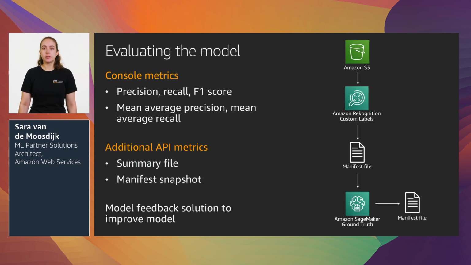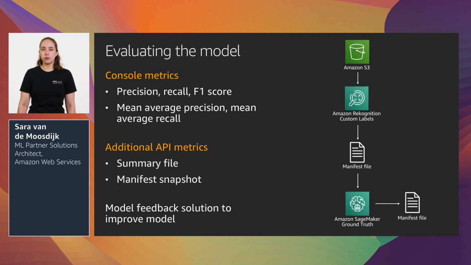If it's not good enough, you can simply go and edit the data and perhaps retrain it. But there are also some options to have a feedback loop built in once you have a model that's trained. The Amazon Rekognition team has provided an open source model feedback solution which is available on GitHub. In fact, I've included the link in the extra resources that will be attached for this session.